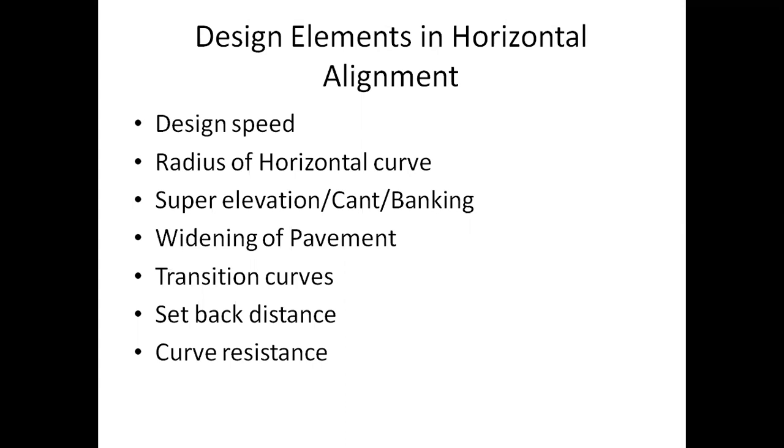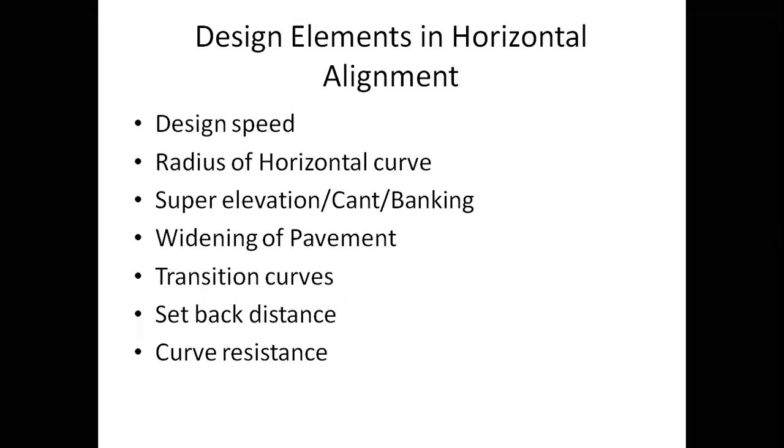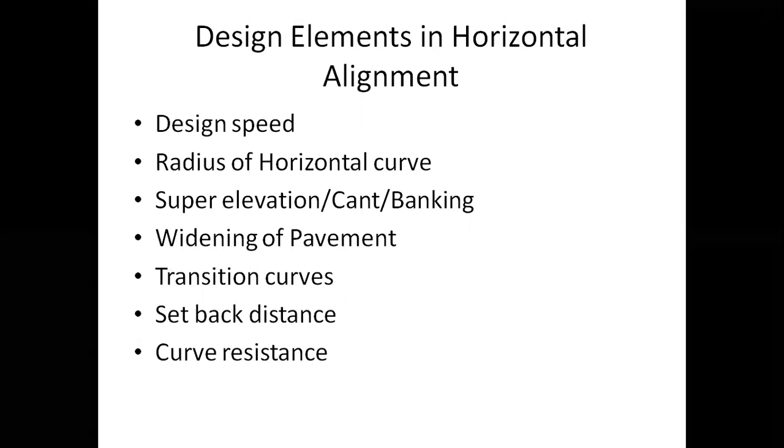Okay, and if I say design speed, two values of design speed are considered when you're going for the construction of a road. One is called the ruling design speed, and the other is called the minimum design speed. The ruling design speed, generally we say, is the maximum speed.